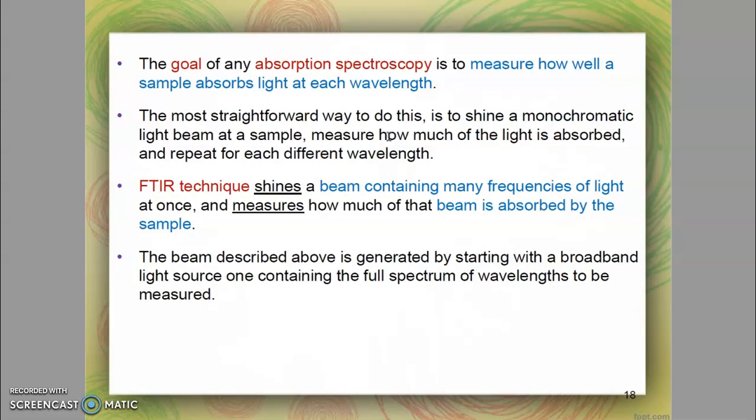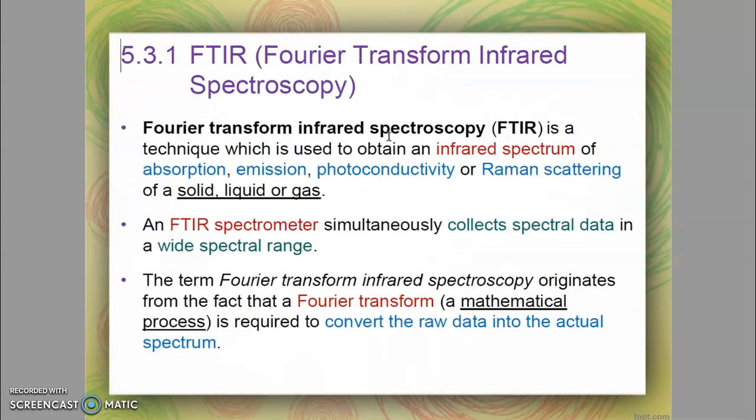The FTIR technique shines a beam containing many frequencies of light at once and measures how much of that beam is absorbed by the sample. The beam is generated by starting with a broadband light source containing the full spectrum of wavelengths to be measured.